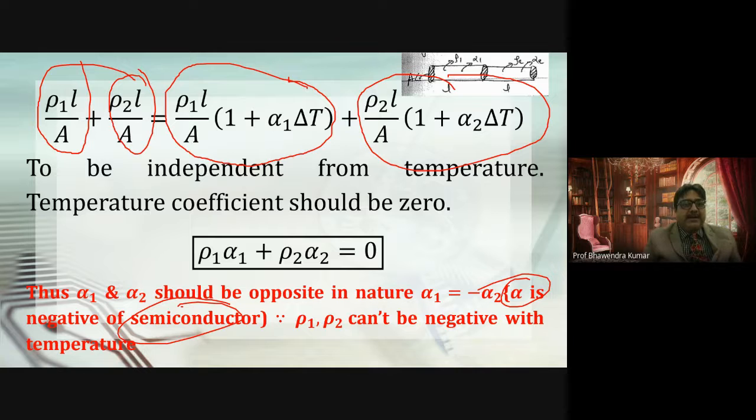The coefficient of delta T has to be 0. The coefficient of delta T will be rho 1 alpha 1 plus rho 2 alpha 2, and the result will be possible when one is a conductor and the other is a semiconductor. I am writing alpha 1 equal to minus alpha 2 because I am assuming rho 1 and rho 2 are numerically equal, but one has to be a conductor and the other a semiconductor.